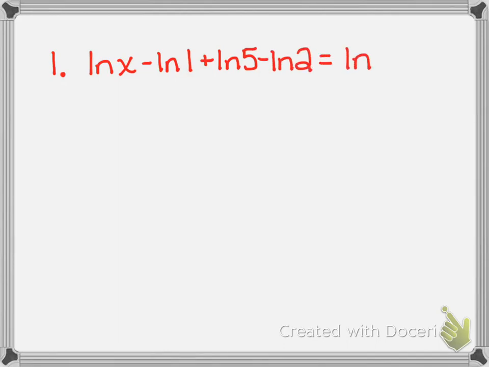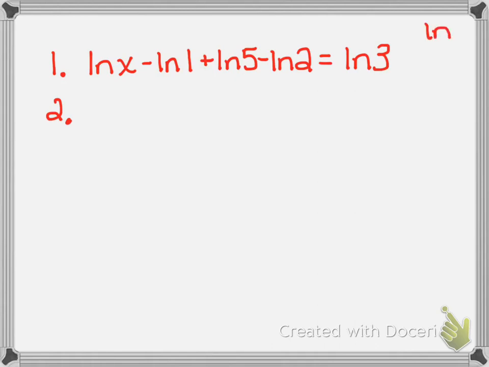So the first one is the natural log of x minus the natural log of 1 plus the natural log of 5 minus the natural log of 2 is equal to the natural log of 3. And remember, natural log is just like any other log. It's a log with a base of e.